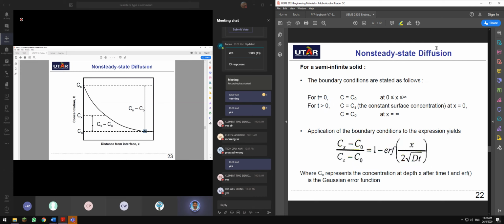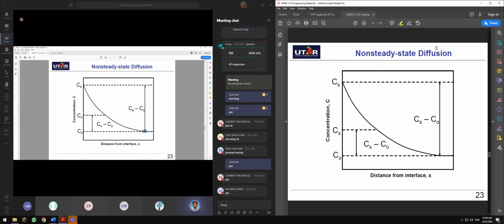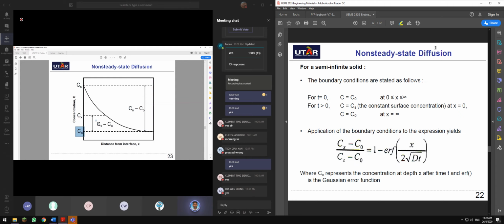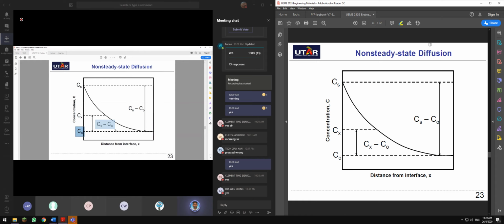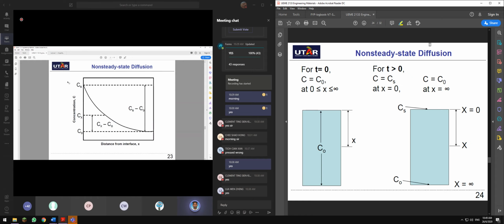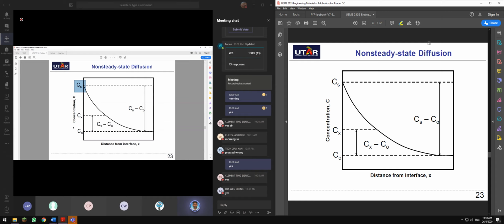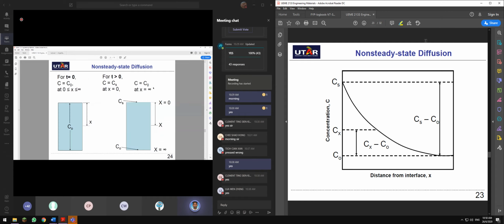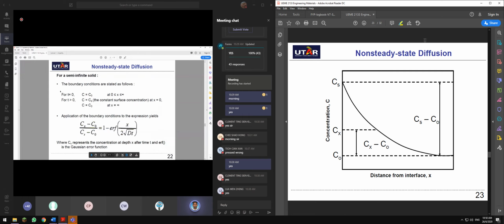So Cx minus C0 is this concentration gradient, and for this curve, Cs minus C0 is this. This is the representation I've discussed with you over here.